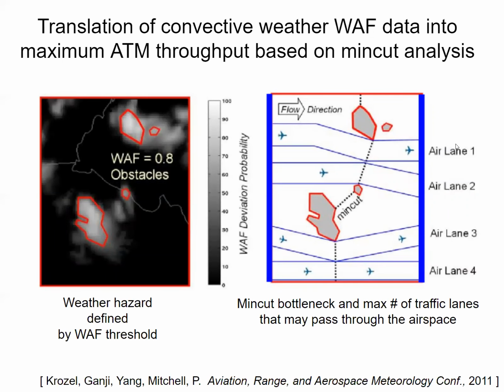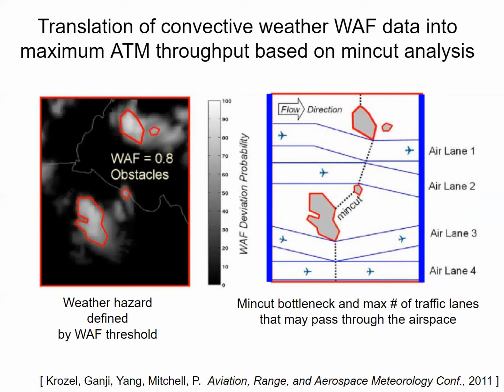And when dealing with the weather, we don't have these solid obstacles through which you really shouldn't fly. You have some kind of probabilistic forecast. This map on the left is showing WAF, the weather avoidance field. It gives you the probabilities of having hazardous weather at different parts of the airspace.